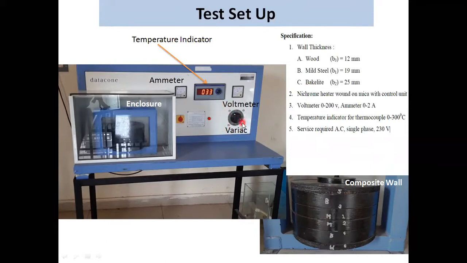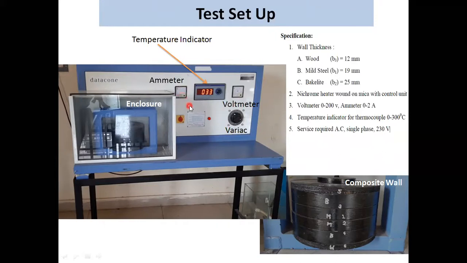Now to control the supplied heat, we are using here a variac, which varies the voltage, and by varying the voltage we can change the rate of heat supplied to this electric heating element. And how much heat is supplied, that we can measure by measuring the voltage through this voltmeter and the current through this ammeter.